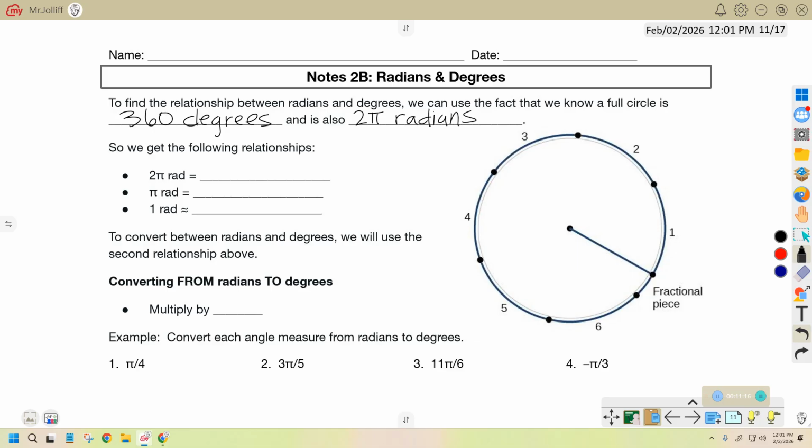So, as mathematicians know, those two units must be equal. 360 degrees measures exactly the same physical quantity that 2 pi radians does. So 360 degrees must be equal to 2 pi radians.